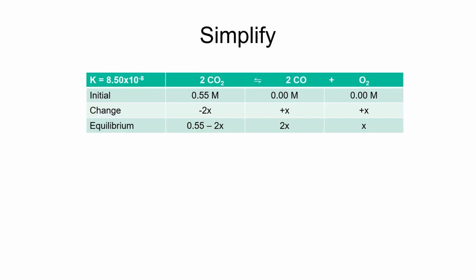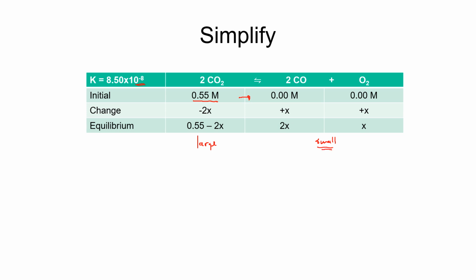Okay, now we can solve this using our simplifying assumption. What we're going to see is that at equilibrium this is going to be large and these are going to be small because of the size of this value for K. We already have the large value on the left and nothing on the right. So even though it does have to go to the right to get to equilibrium, we know that it's not going very far.